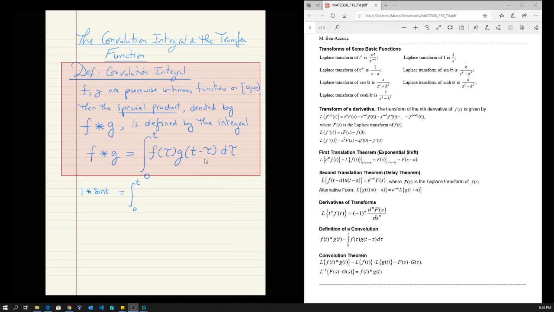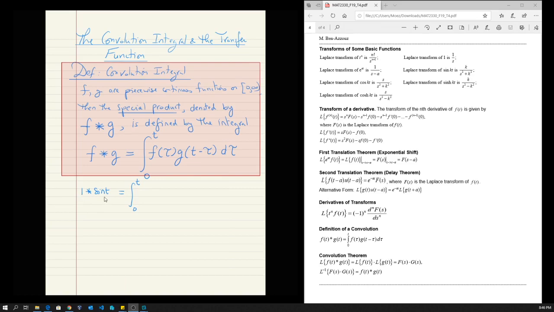Here is a good piece of advice that will help you. It's always a good idea to plug the t minus tau into the simpler formula out of the two. That's going to make your life easier when it comes to computing the integral. One formula is just sine t.